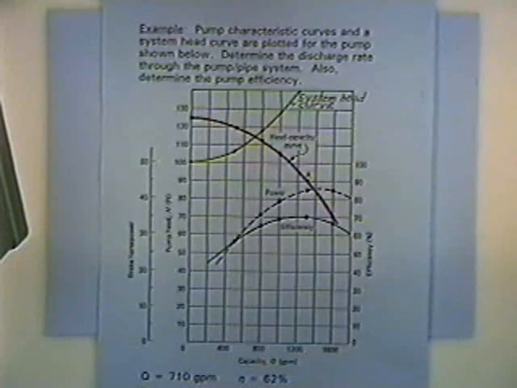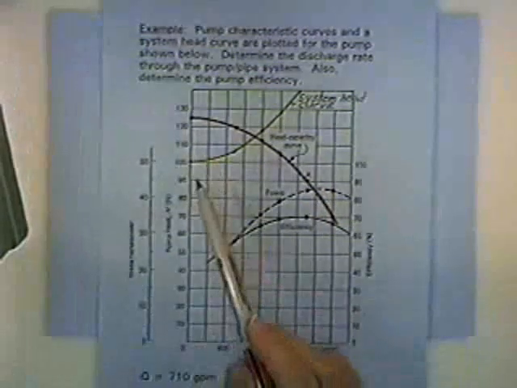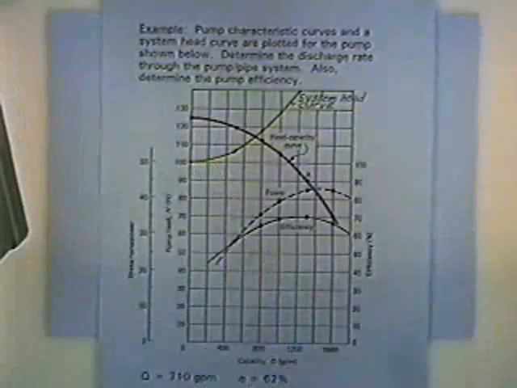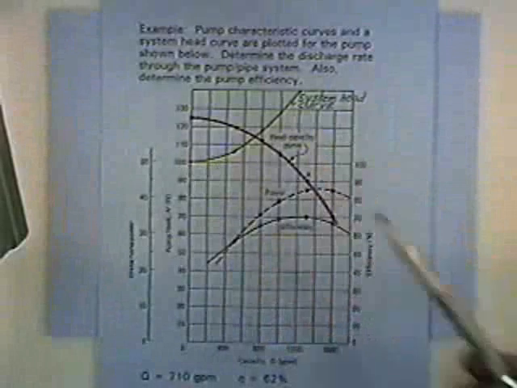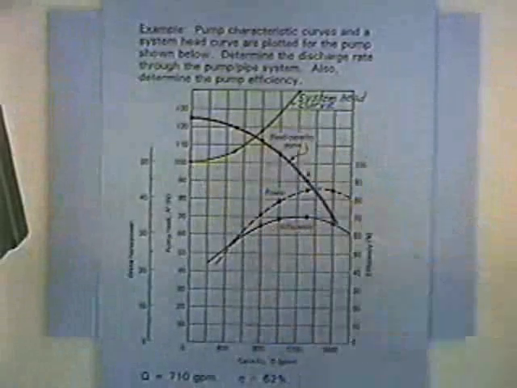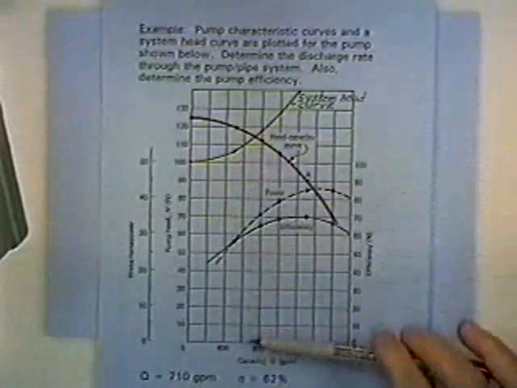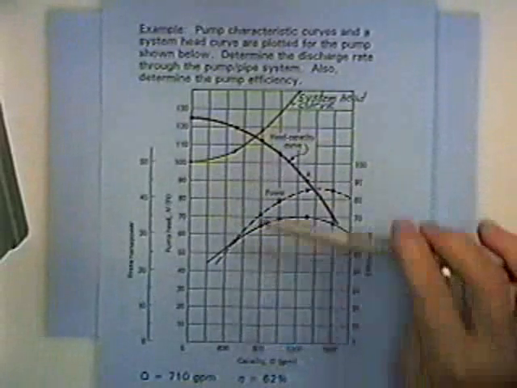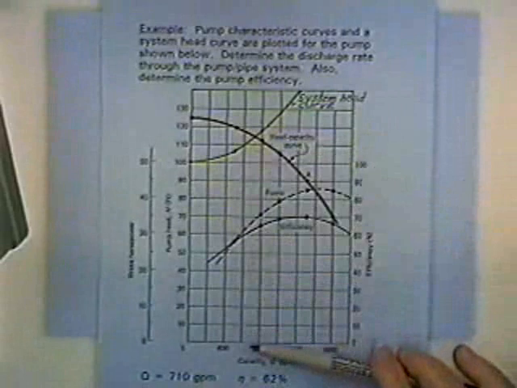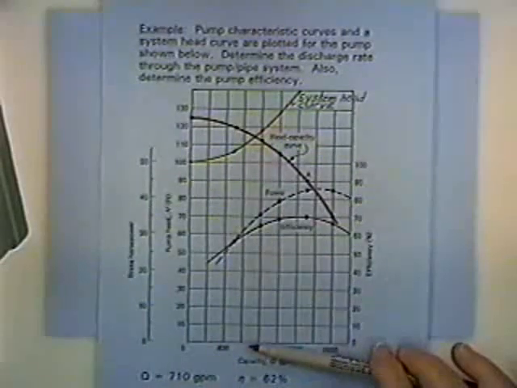In this example, we're referring to two reservoirs with 100 feet of head, and then using whatever equation for the head loss we can compute the yellow curve. When the two intersect, that gives us a flow rate. The two are intersecting right here at 710 gallons per minute, and so that gives us the flow rate.